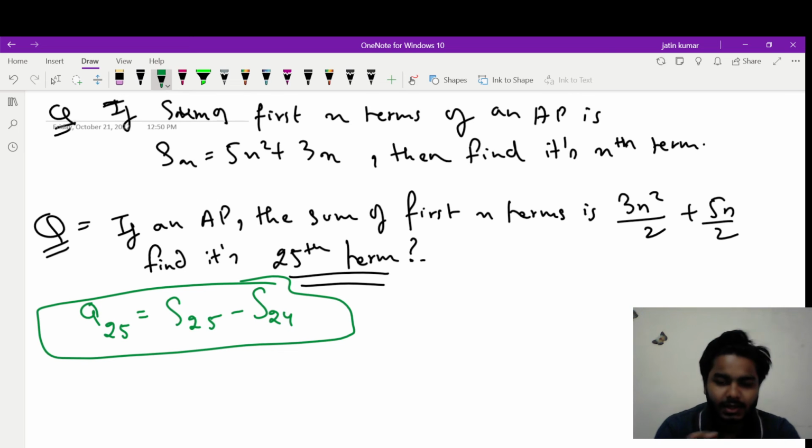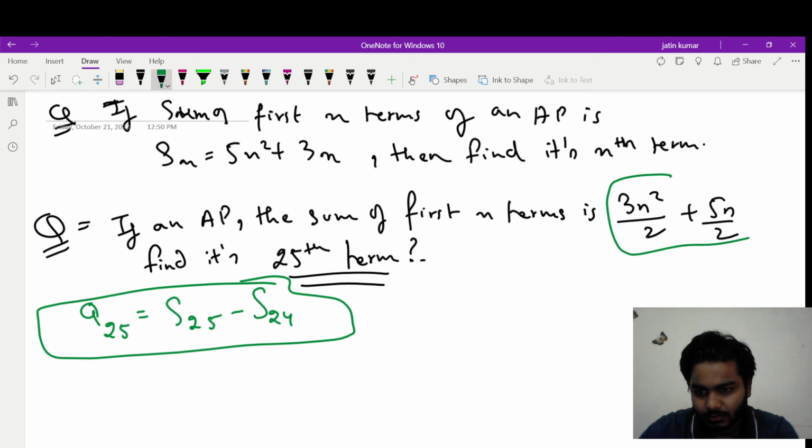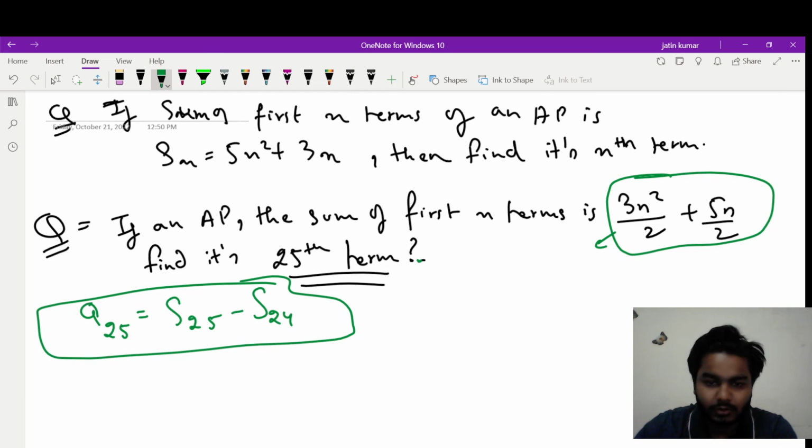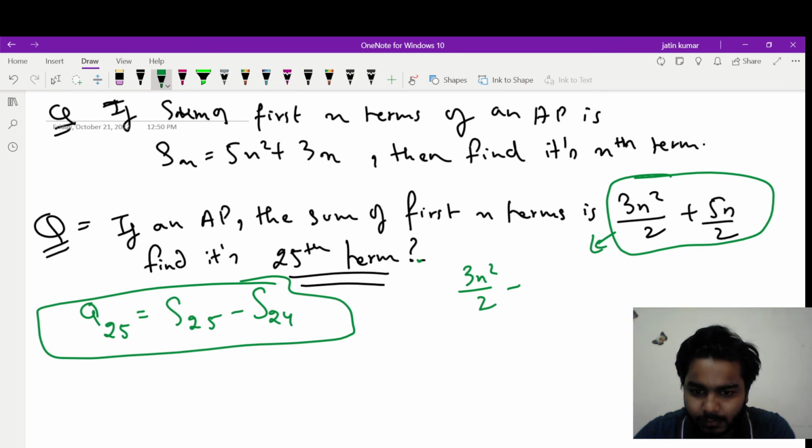Now in this question we are given the value of the sum. You don't have to apply the formula n by 2 into 2a plus (n minus 1) into d. You don't need to apply that formula because the question itself provides the formula. This question's formula is 3n square upon 2 plus 5n upon 2.